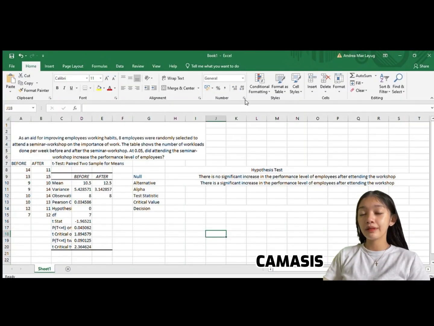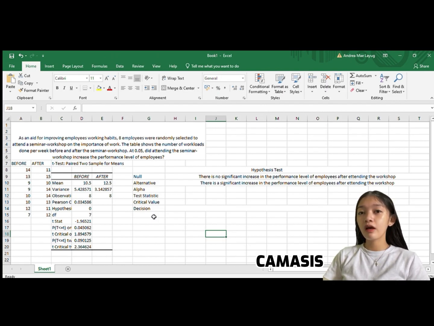Since both the claim and the alternative hypothesis are given in our problem, it is better to define the alternative hypothesis first before moving on to the null hypothesis. Therefore, the alternative hypothesis is that employee performance levels significantly improve. To state that: there is a significant increase in the performance level of employees after attending the workshop. That is the alternative.